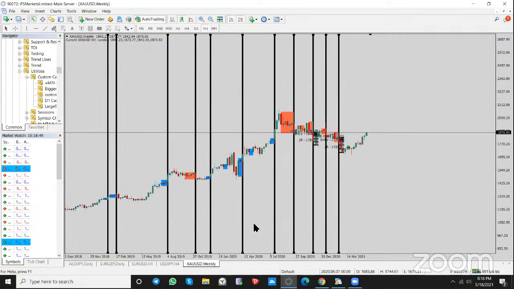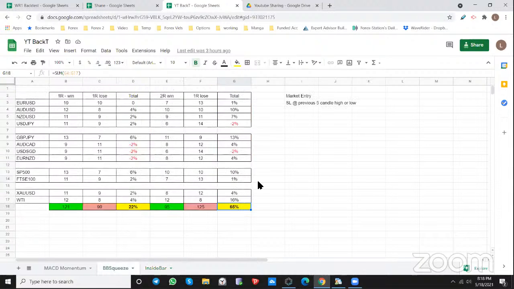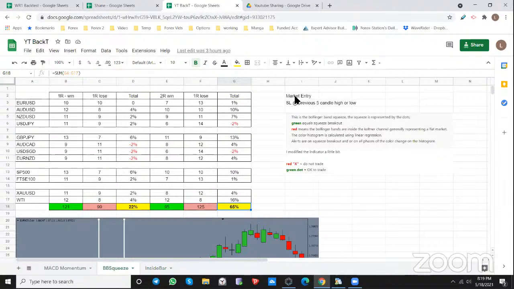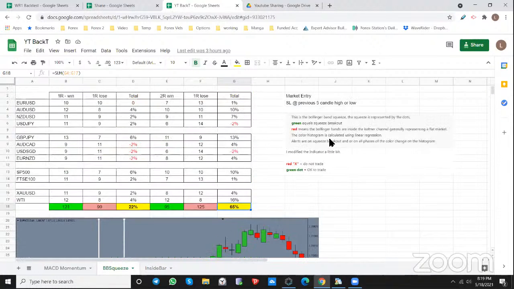So if you're not clear about the rules, just keep a lookout on this. Like in the past, I will actually put up the simplified version, not the simplified version, how I actually did the testing, with some text and some pictures to guide along. Just for today, I'm a bit short of time, so I didn't do it. This is meant to be shared with you all.